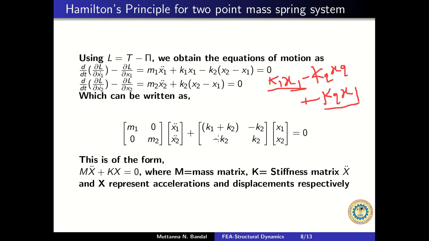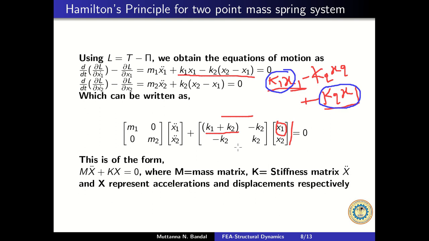Therefore k1 plus k2, and x1 is common. So I have written that here, k1 plus k2 into x1, so I am satisfying these two terms. And there is another term, minus k2 into x2, from this row and this column, which will give a potential energy of this.